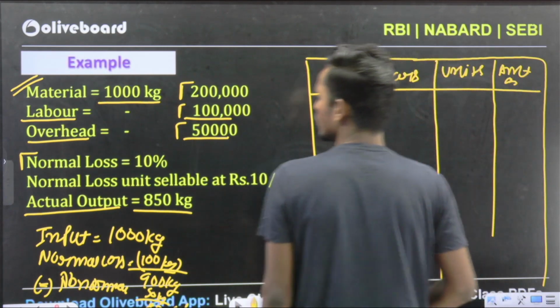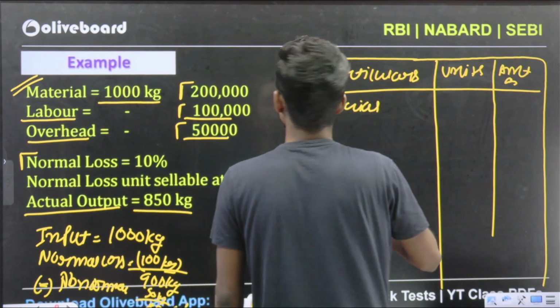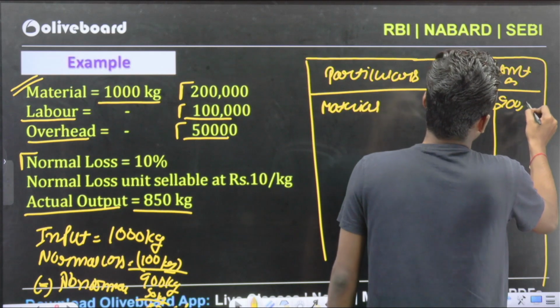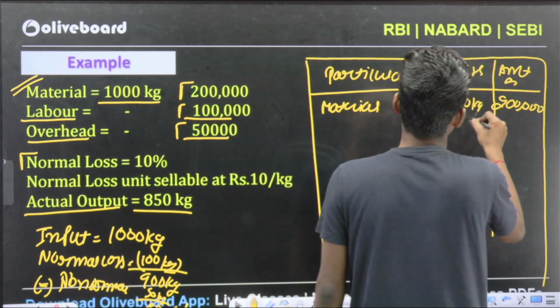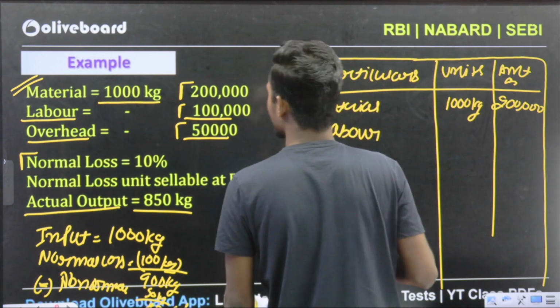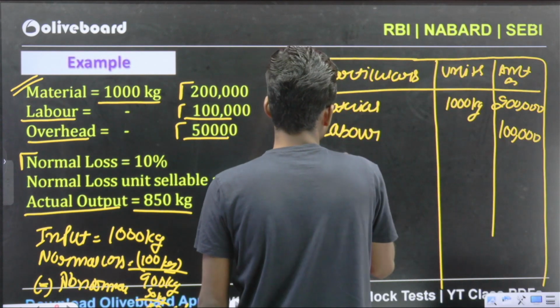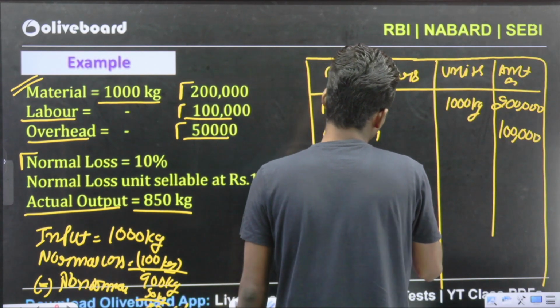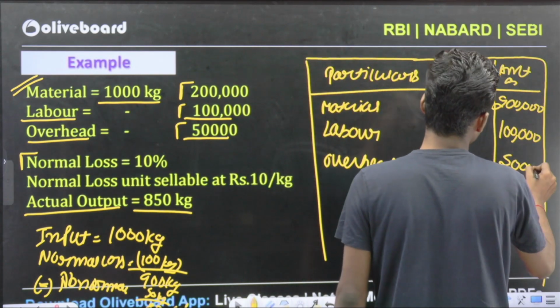When I write the material cost that I have incurred, 2 lakh rupees, for that purpose I am introducing 1000 kg of input. Then I have incurred the labor cost of 1 lakh rupees, and the overhead that I am incurring is 50,000.